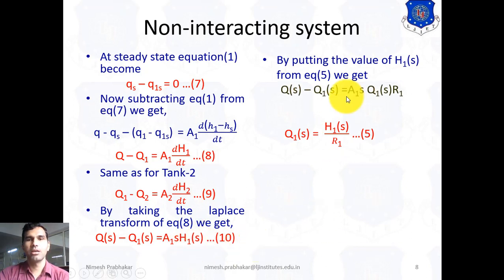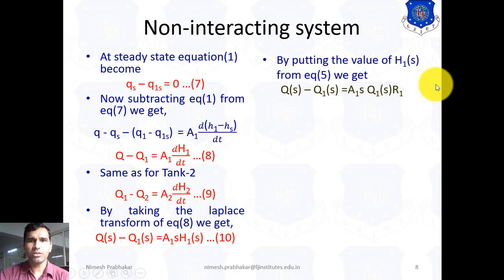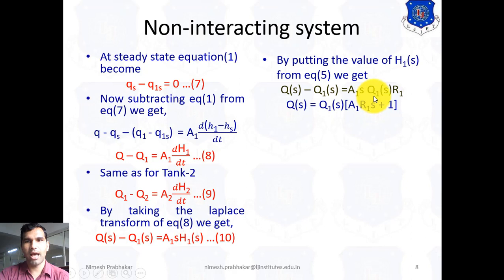So we get Qs minus Q1s equals A1 s into Q1s into R1. Now Q1s is common on this side, so we can write Qs equals Q1s times (A1 R1 s plus 1).